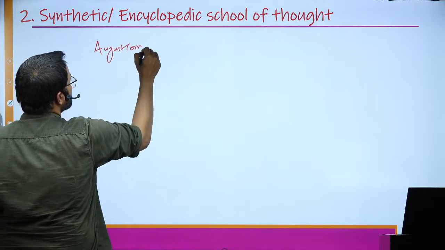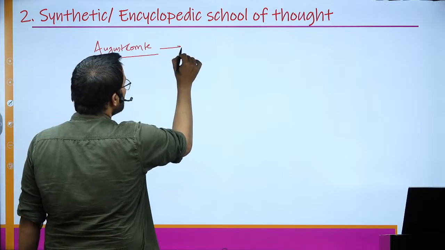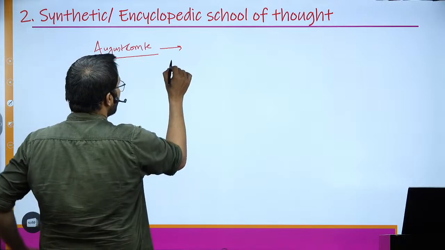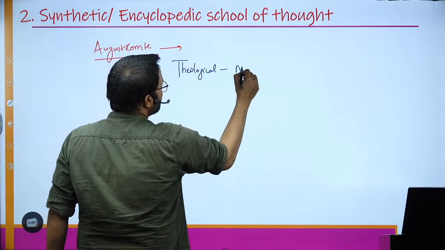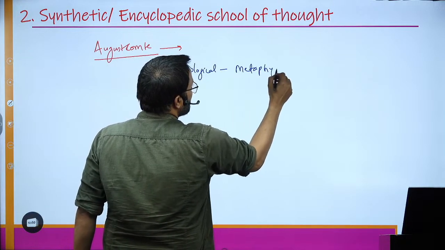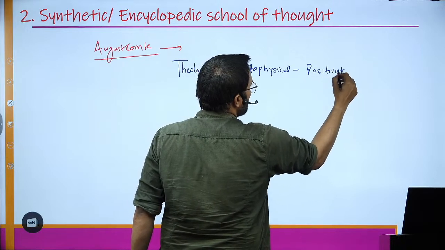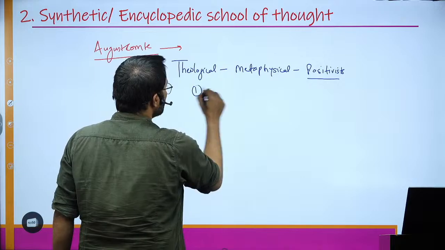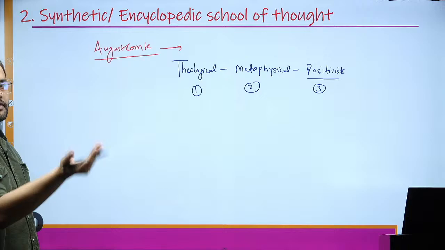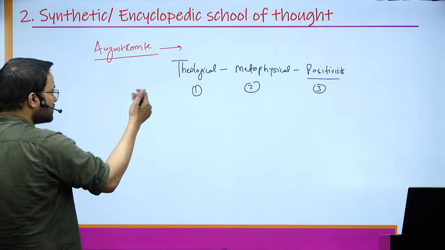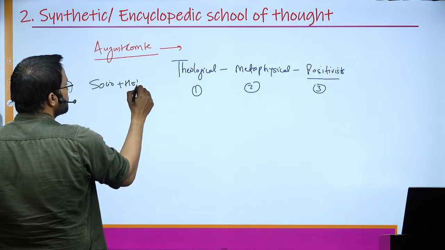Like Auguste Comte, when he was talking about the evolution of society, he talked about how society evolved from theological to metaphysical to positivist stage. Remember this? So 1, 2, 3. How society throughout the historical epochs has evolved, just like an organism has evolved. So this is combining sociology with history.